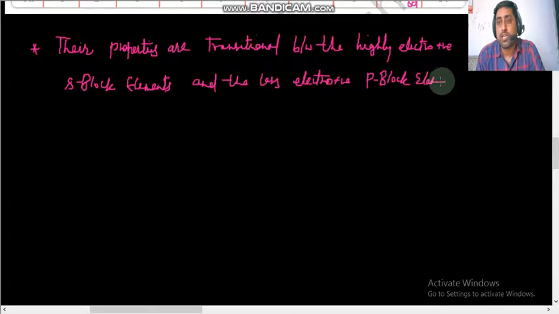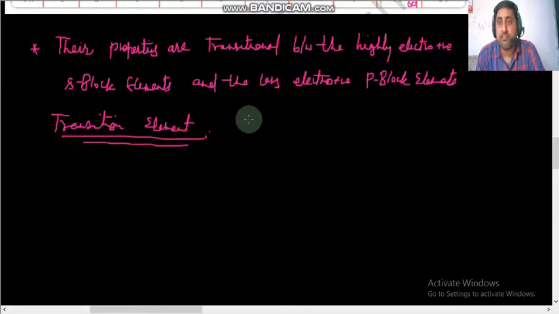That's why they acquired the name transition elements. Okay, this is the reason behind this name.